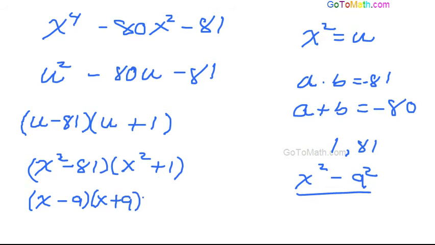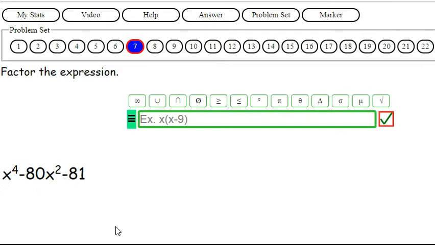And of course, we're not going to be able to factor x squared plus 1 any further. You can't factor that polynomial, but we won't get into that right now. So we have x minus 9, x plus 9, x squared plus 1. So let's take a look at what we got.